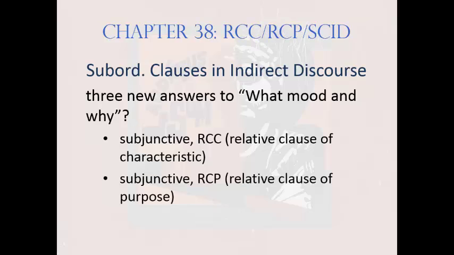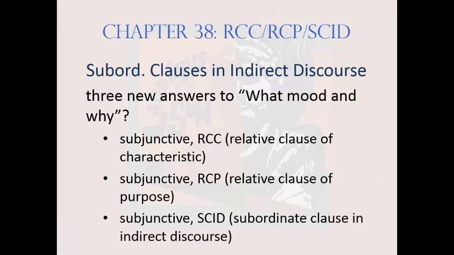RCP, relative clause of purpose, when the relative pronoun is used in place of ut in a purpose clause. And skid, a subordinate clause in indirect discourse, when the clause is embedded in some sort of other subordinate construction, and there's no other reason, like a sense of uncertainty, for the verb to be subjunctive other than it's in deep syntax.